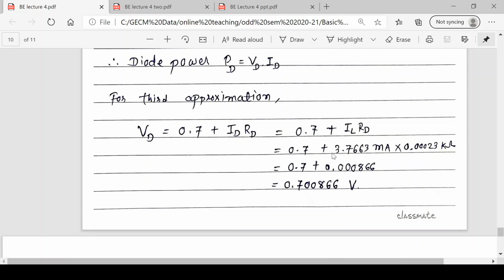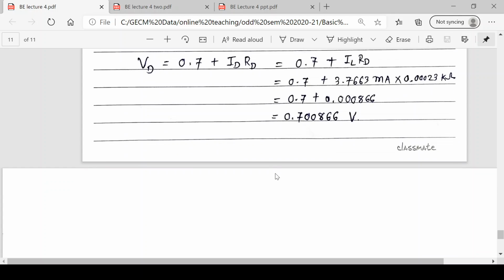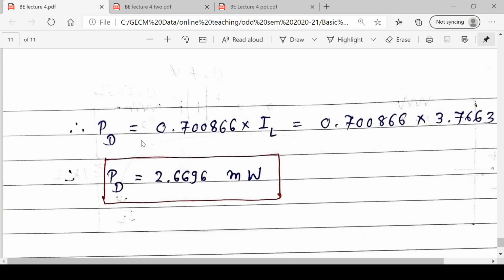So 0.7 plus 3.7663 milliampere into 0.00023 kilo ohm. Your simplified answer of diode voltage will be 0.700866 volt. Let's find out diode power. PD is equal to 0.700866 into load current, that is 3.7663 milliampere. So diode power comes to be 2.6696 milliwatt, which is a more detailed answer.